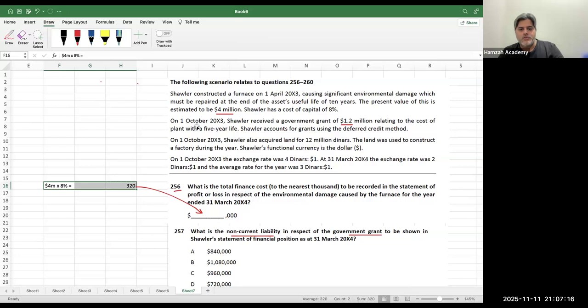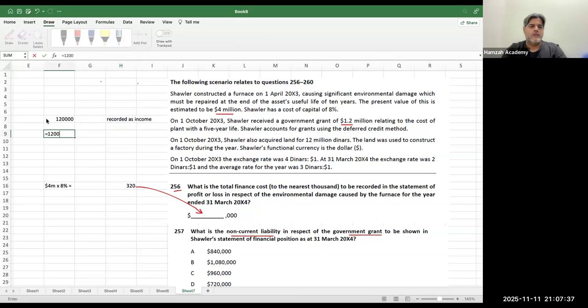You got it on 1st October. Year end is 31st March: October, November, December, January, February, March. 6 months gone. So it is for a 5-year life. This is something recorded as income. This is the remaining balance, so I have to talk about the non-current liability. So this is the remaining balance total.